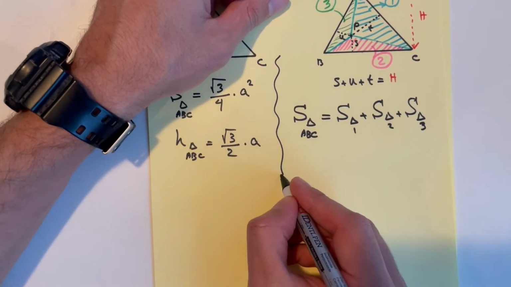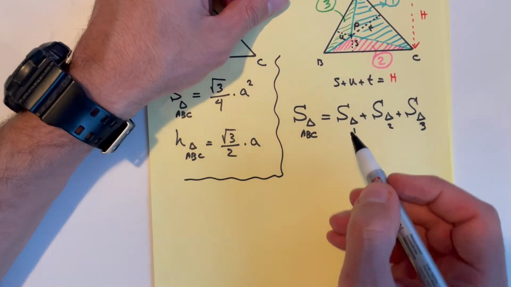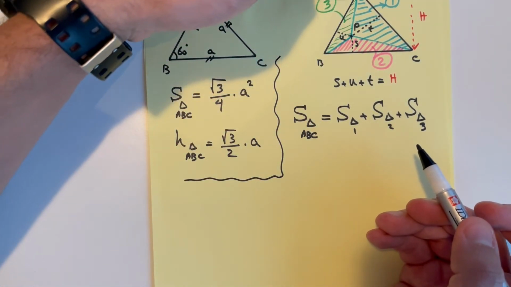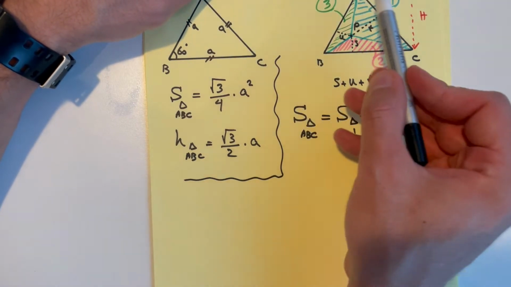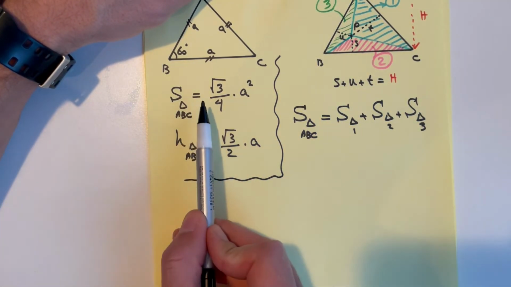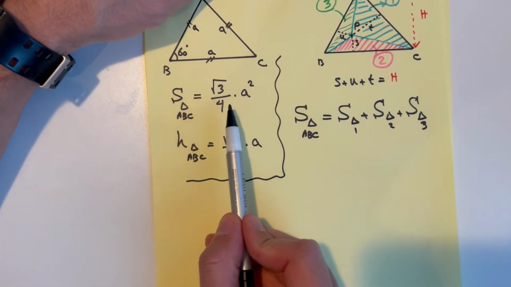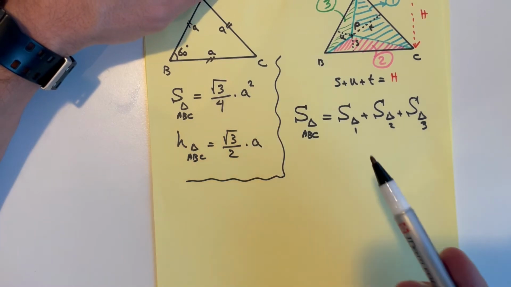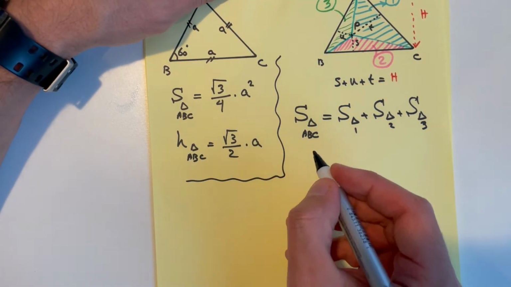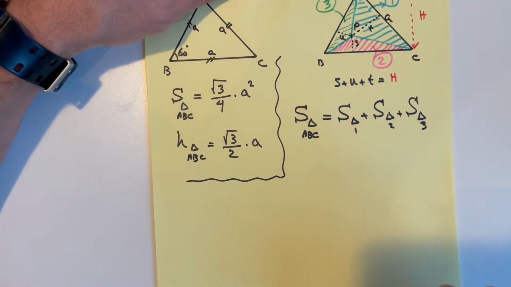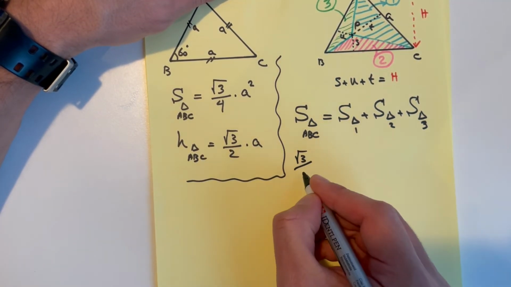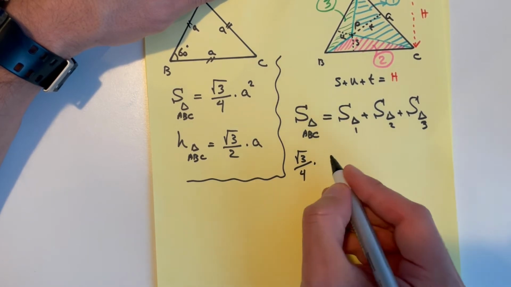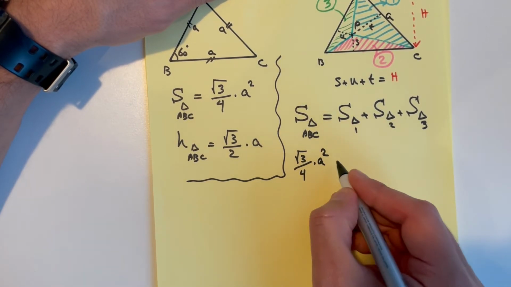So now I'm going to write these areas. Because triangle ABC is an equilateral triangle, I know that its area is radical 3 over 4 times the square of the side.